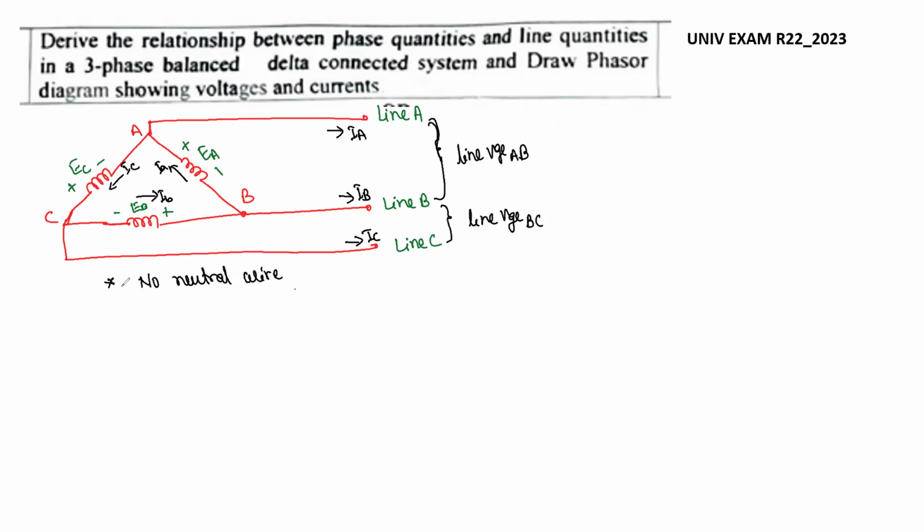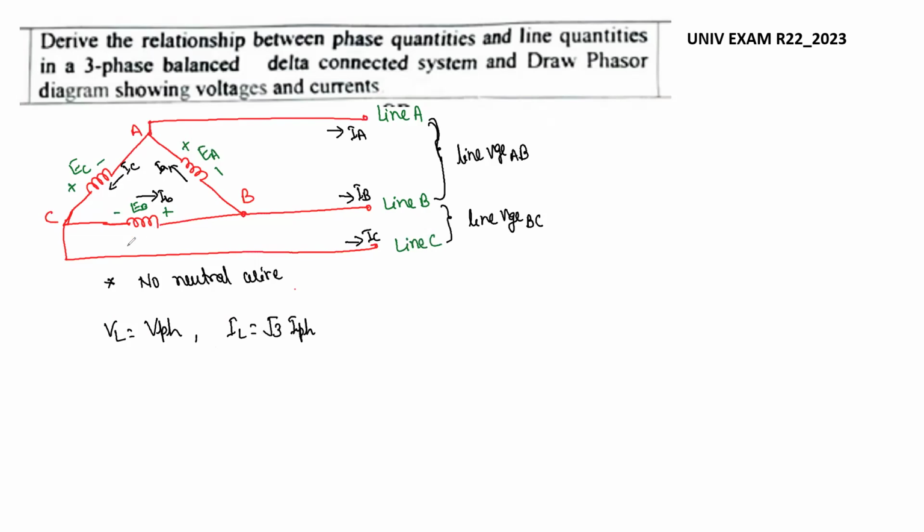Now let's see the relation between line and phase. Line voltage is equal to phase voltage in the case of delta connection. And line current is equal to root 3 times the phase current.